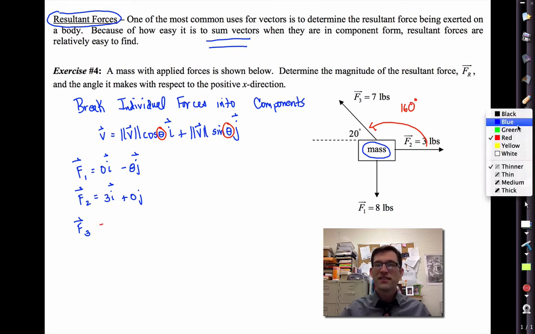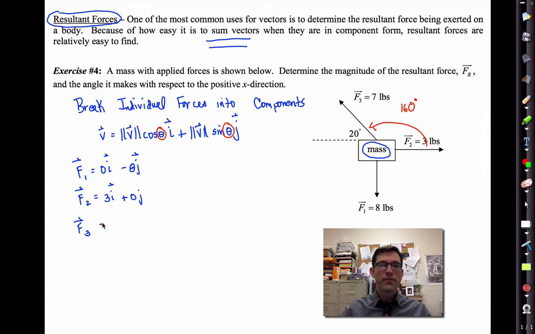So F3 is going to be equal to 7 times the cosine of 160, i, plus 7 times the sine of 160, j. Now, I would not evaluate this at this point. I'd leave it that way.